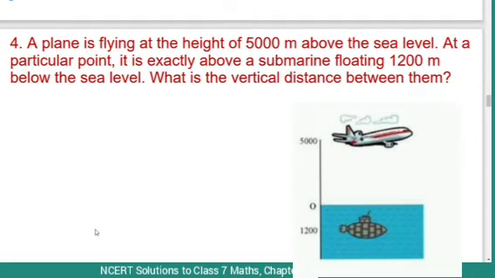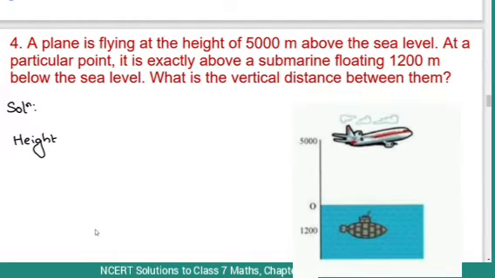Fourth question. A plane is flying at the height of 5000 meters above the sea level. At a particular point, it is exactly above a submarine floating 1200 meters below the sea level. What is the vertical distance between them?